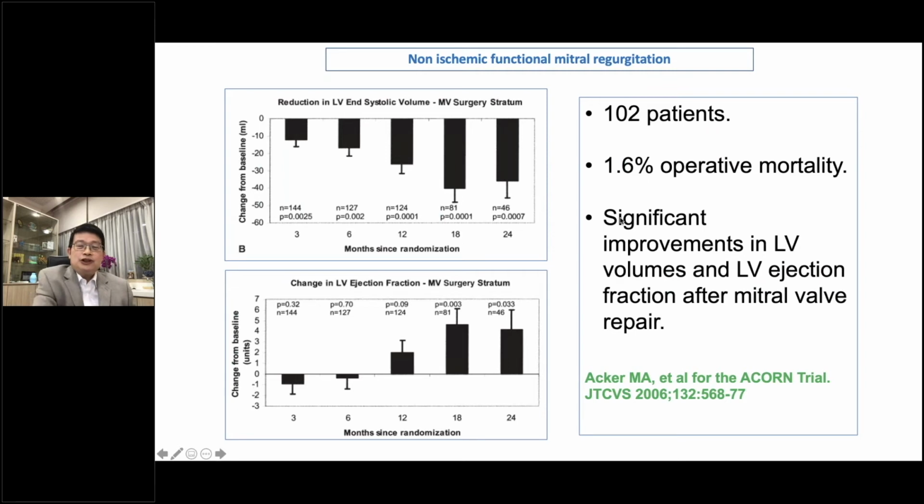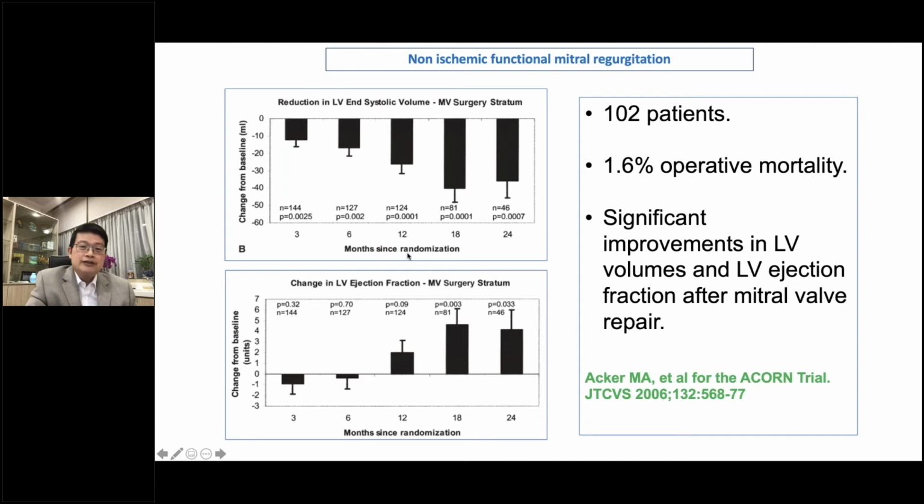So one of the options to offer patients who are not responding to medical treatment is mitral valve repair surgery or mitral valve replacement surgery. And this is one of the studies which showed that you can do it at a low operative risk of 1.6%. And this is the results after mitral valve surgery.